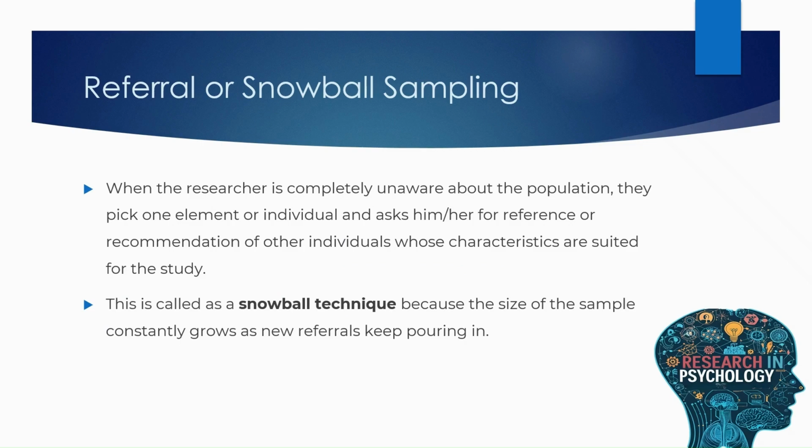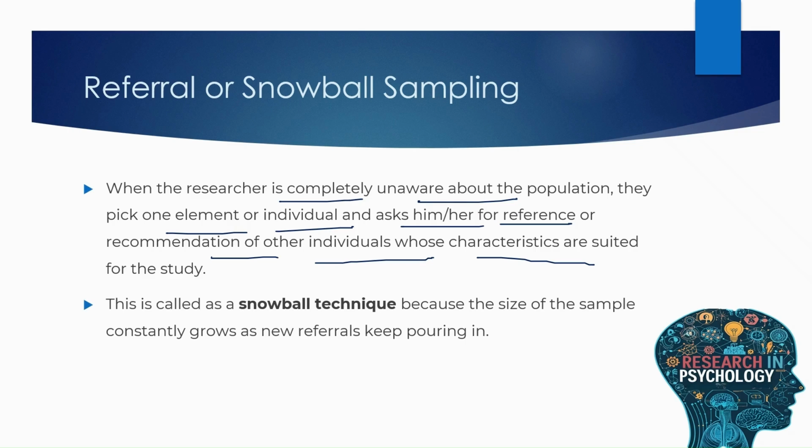Then finally we have the referral or snowball sampling. When the researcher is completely unaware about the population, they pick one element or individual and ask him or her for reference or recommendation of other individuals whose characteristics are suited for the study.